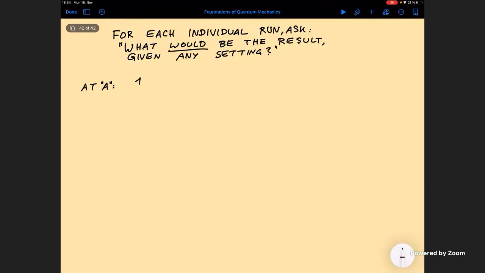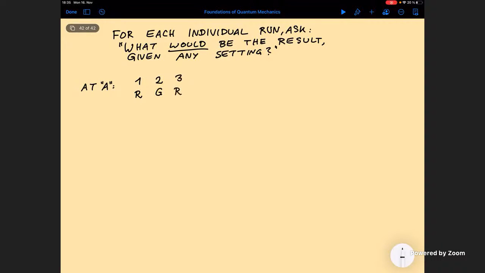And maybe for the particular object that we currently have in the lab flying towards station A, the answer would be, oh, then you would get red. And we could ask likewise, well, but if instead I choose to have the setting 2, what would I get then? And maybe the answer would be, oh, then you get green. And then I could finally ask, well, but if I had chosen the third setting, what would I have gotten then?